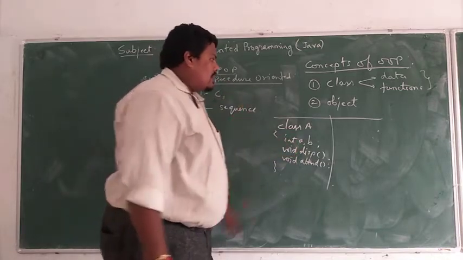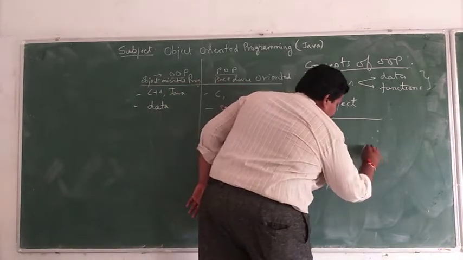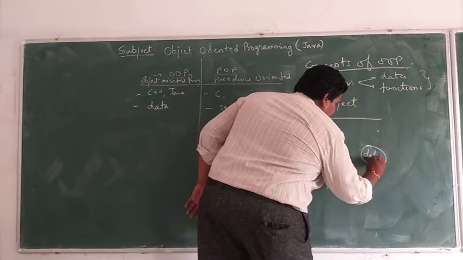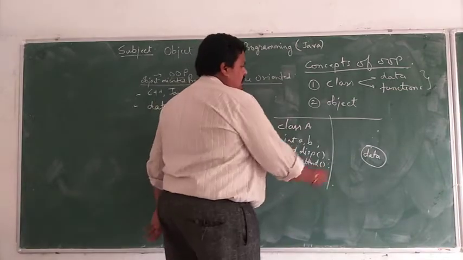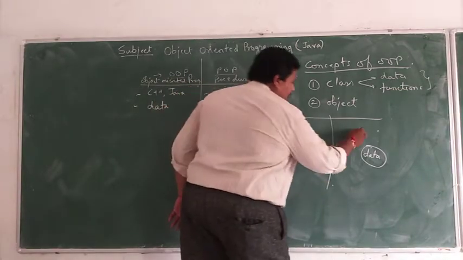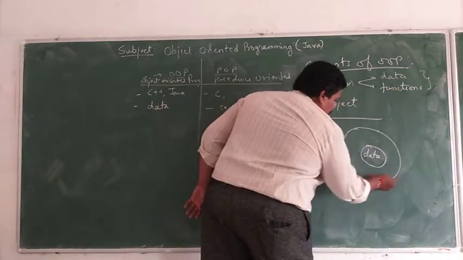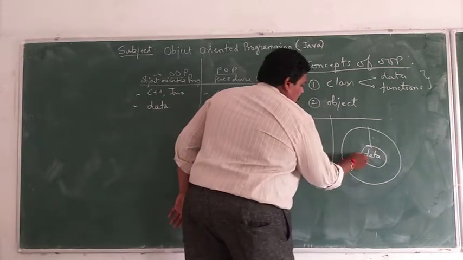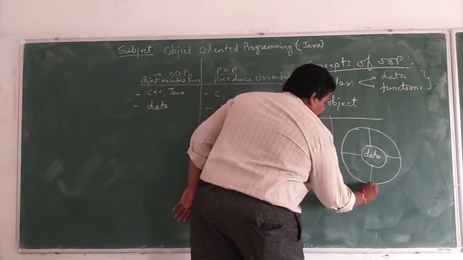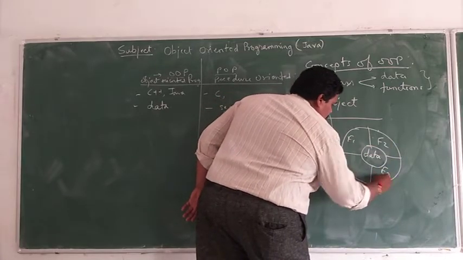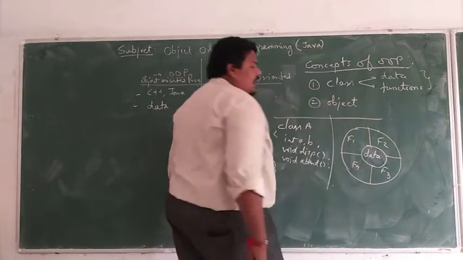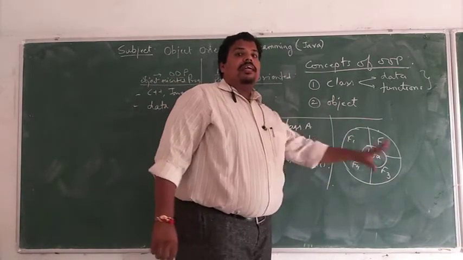See, we can represent this pictorially. This is the data, the core part of the object-oriented system. There can be n number of functions surrounding the data, actually working on that data.